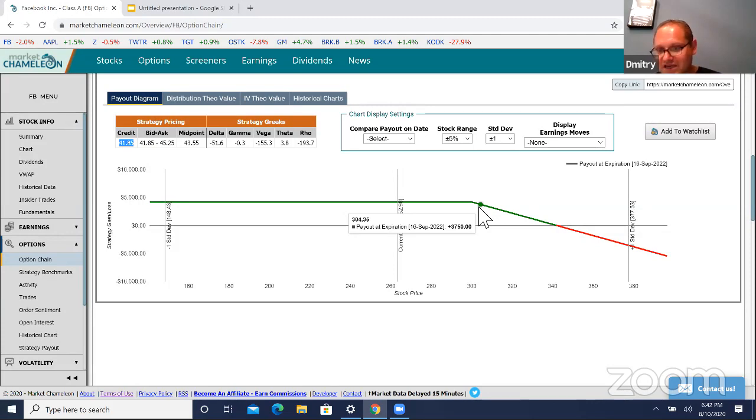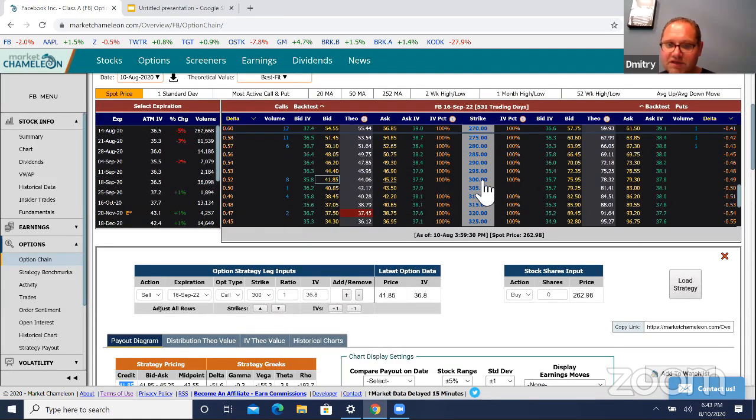If the stock is 310, you're losing that $10, assuming you don't own the stock, you'd have to go buy it at 310 and sell it to him at 300. That's how it looks from the sell side until it goes above the strike plus whatever you collected. So my break even if I sold this at 41.85 would be 300 plus 41.85, so $341.85. Above that, I would start losing money.